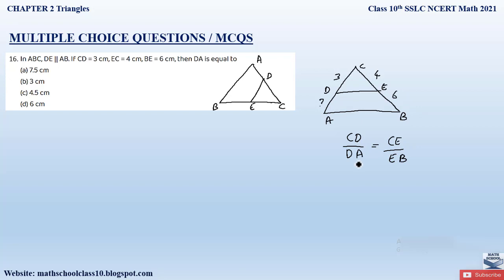Okay, so CD value we know it is 3, AD we have to find out, equal to CE is 4 and EB is 6. So simply cross multiply to find out the AD value. So this is very much simple if you know the relationship of the sides. AD is equal to 6 into 3 divided by 4. So cancelling 2 times, 3 3s are 9 by 2, or it is 4.5 centimeter. So our AD value is option C, that is 4.5 centimeter.